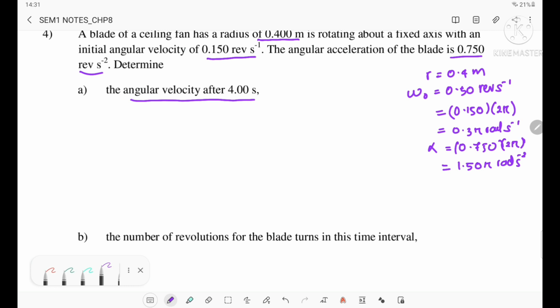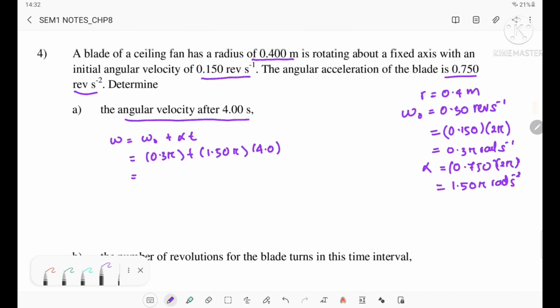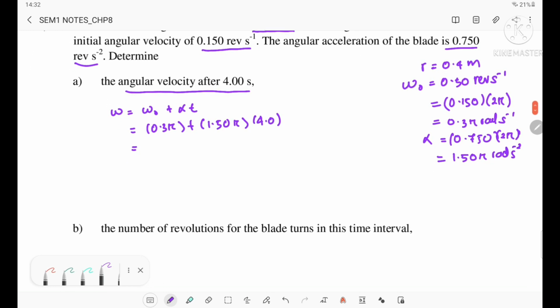To calculate the angular velocity, we use the equation omega equals omega naught plus alpha t, where omega naught is equal to 0.3 pi, plus alpha is equal to 1.50 pi, times t which is 4 seconds. So the final angular velocity is equal to 19.8 radian per second.